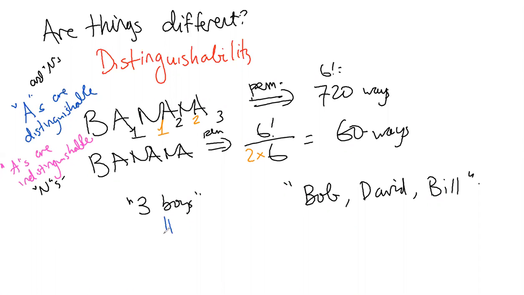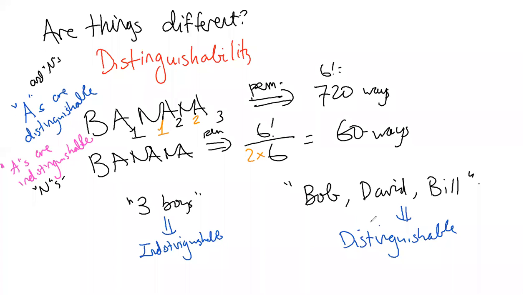The implication is that these boys are indistinguishable because you're grouping them together like this, whereas listing out their names might mean they're distinguishable. Again, this isn't a perfect rule, but this is the sort of difference they're talking about. Does that make sense? Again, it'll depend from context to context, but that's just an example of how you might want to see the difference.